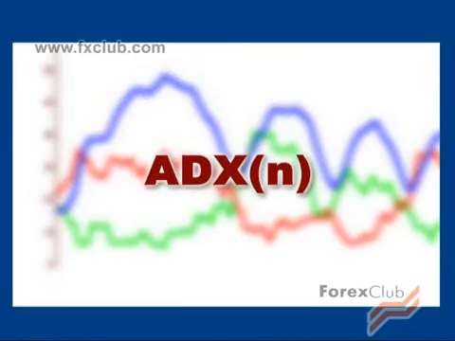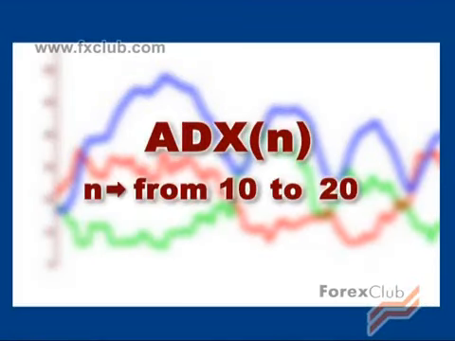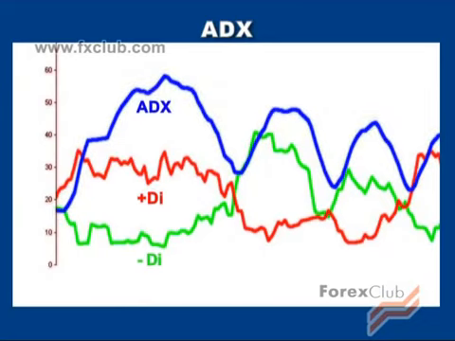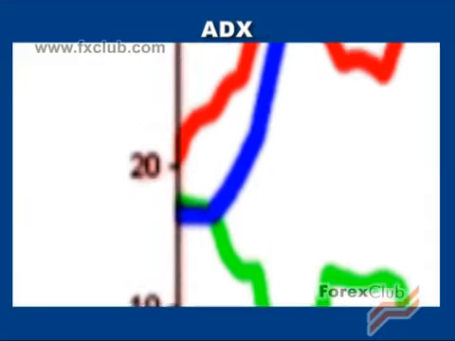It has just one time period parameter. The value of this parameter should be somewhere between 10 and 20 periods. To be more precise, let's say between 14 and 17 periods. Experiment a little and find what suits. The indicator consists of 3 lines. All 3 lines are measured on the same scale from 0 to 100.